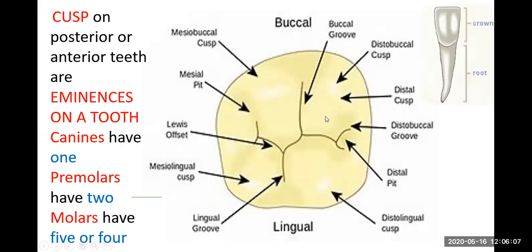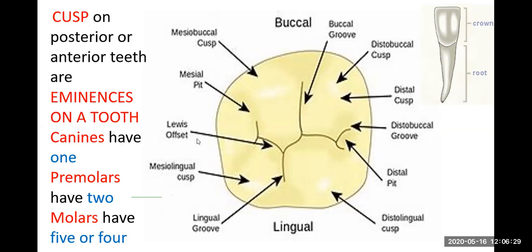Now, this will help you to understand also the different curves of a typical posterior tooth. A curve is an eminence on a tooth. Curves can be posterior, it can be anterior.